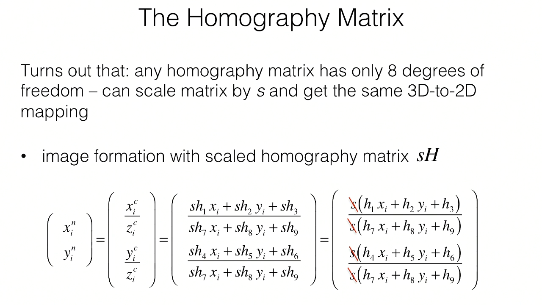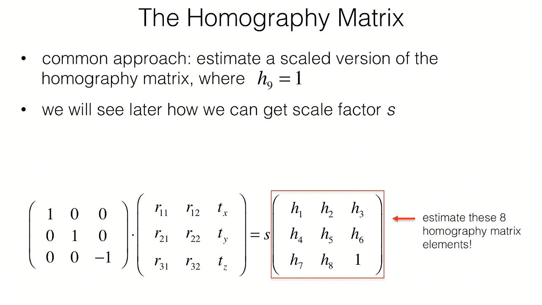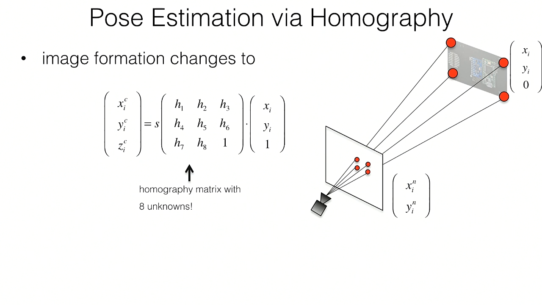So the image formation is independent of this scalar value. What we're going to do, and this is a standard trick in 3D computer vision, is set the 9th value of the homography matrix to 1 and ignore the scale factor for now. Then we can estimate the remaining 8 parameters first, and estimate the scale parameter later. I hope this is reasonably clear. Again, there are course notes online that you can read all of this up in detail. So we're going to be estimating these homography matrix elements in the following.